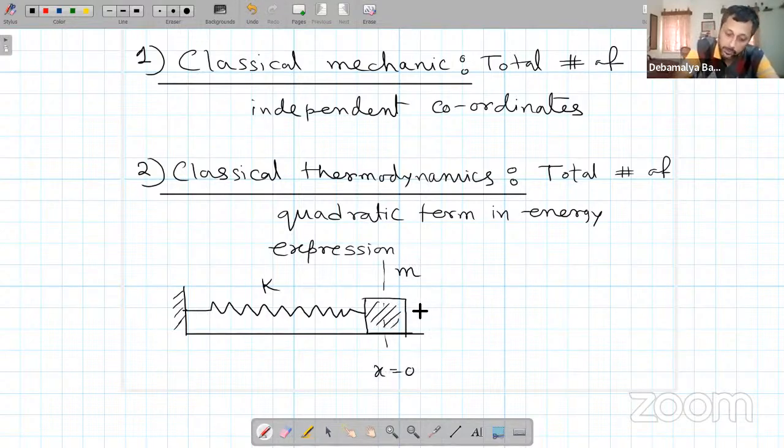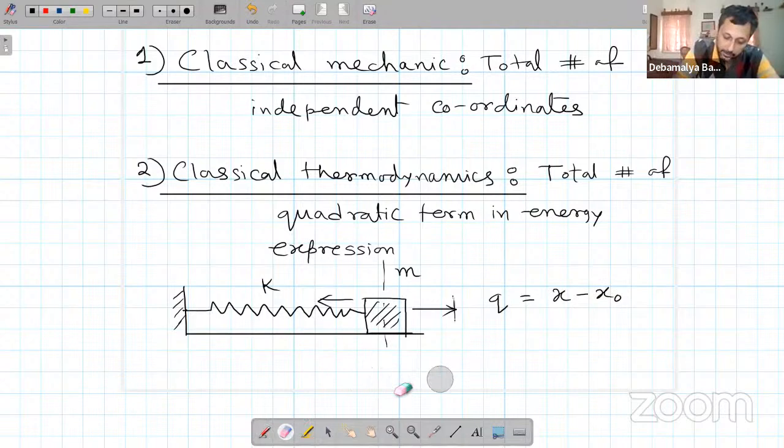Now if I allow this spring-mass system to move back and forth, the displacement from the mean position x0, if it is at this position x, we can write a coordinate, let's say small q, equal to x minus x0.